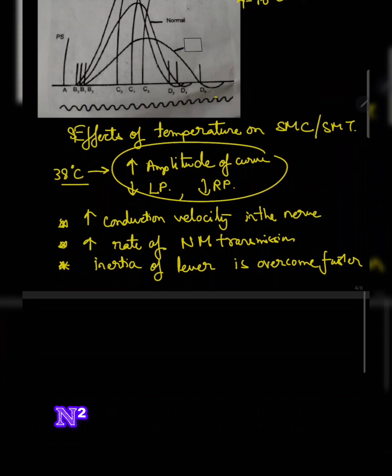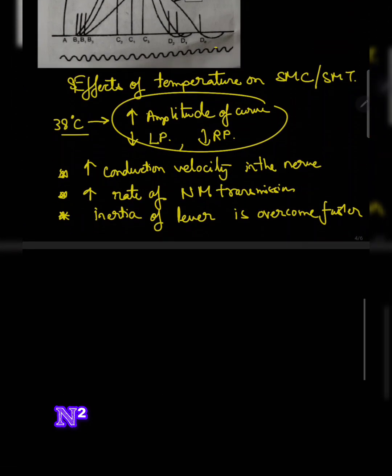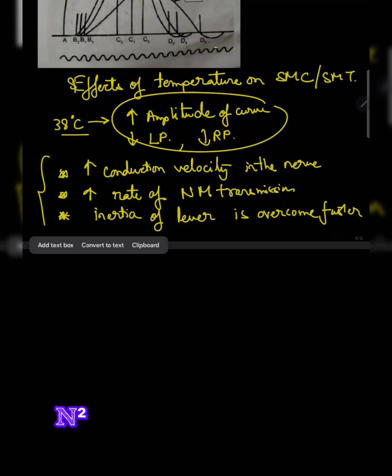Now these questions usually come on a physiological basis. The physiological significance of these effects is that the contraction period is decreasing, the relaxation period is decreasing, the latent period is decreasing, but the overall amplitude is increasing. Why?